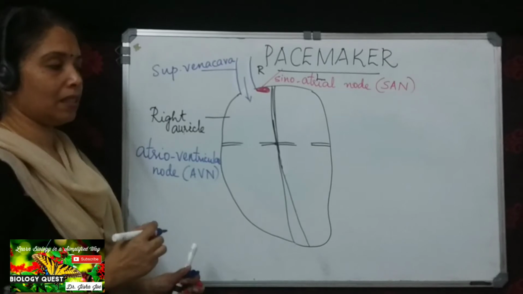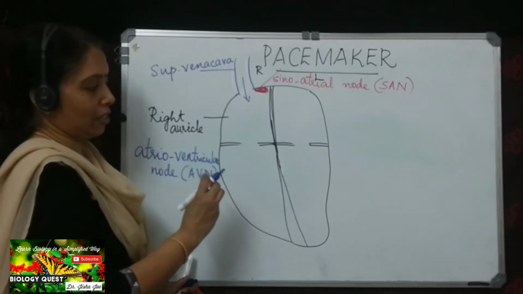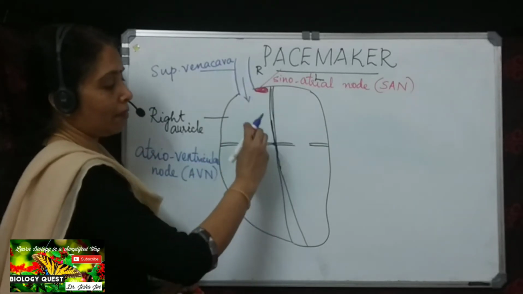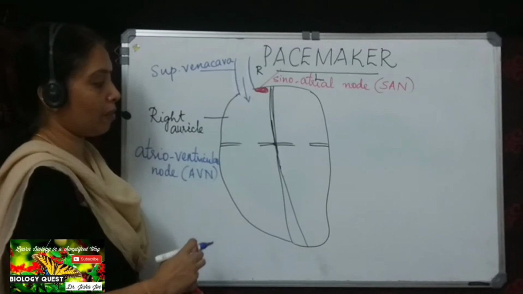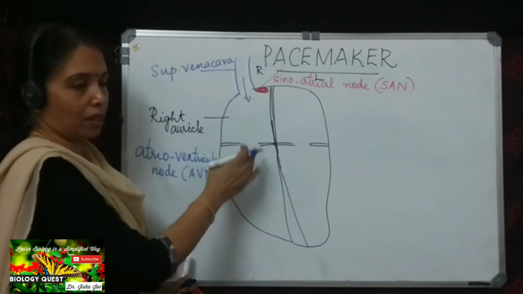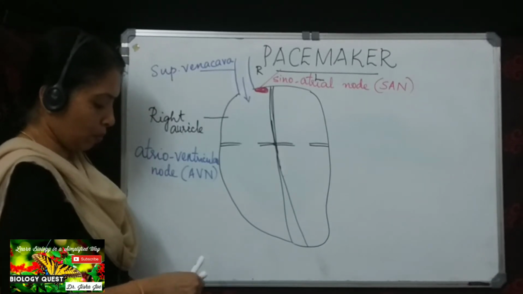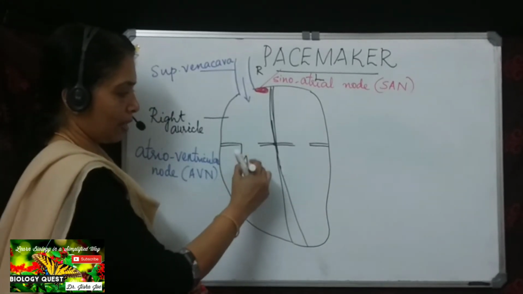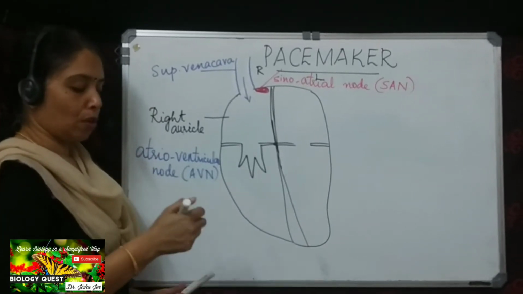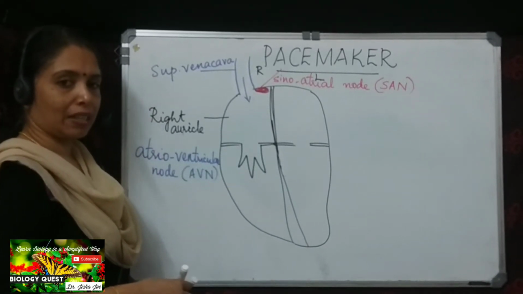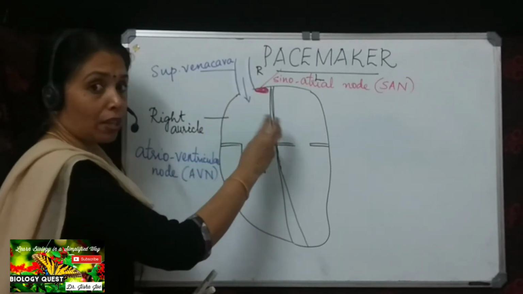That is another region inside the heart. It is a region very close to the tricuspid valve. Where is the tricuspid valve located? In between the right auricle and the right ventricle is the tricuspid valve. The atrioventricular node is located in the interauricular septum.